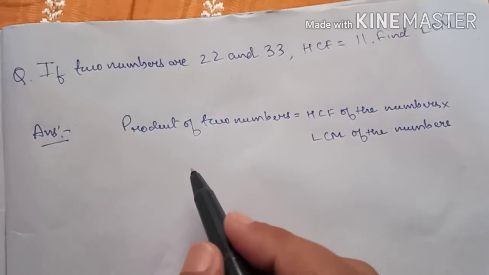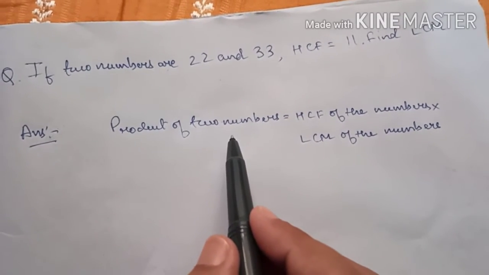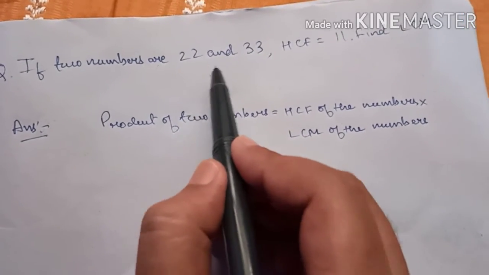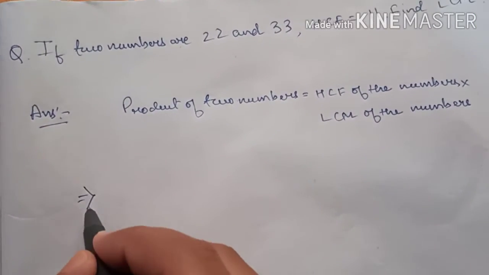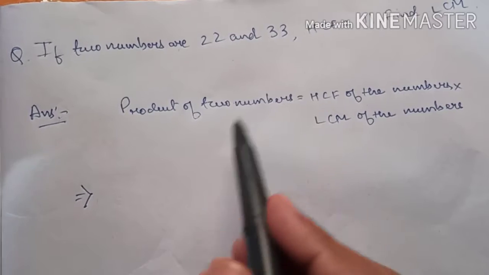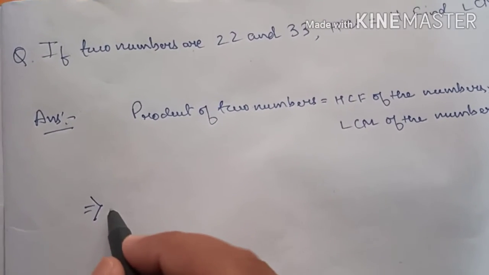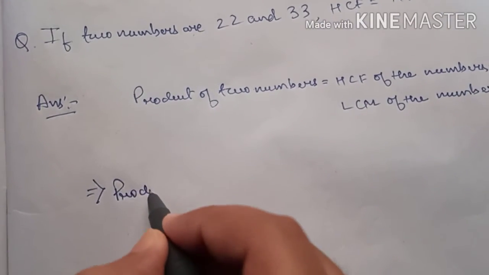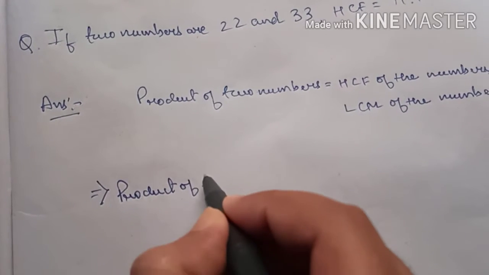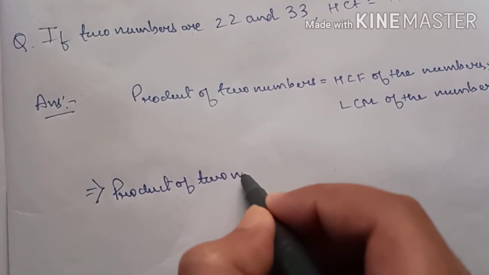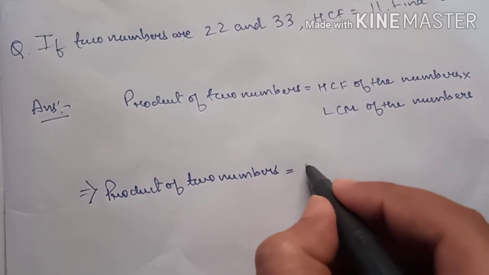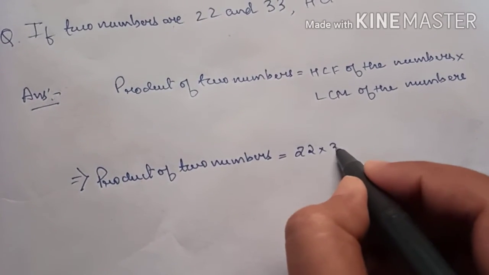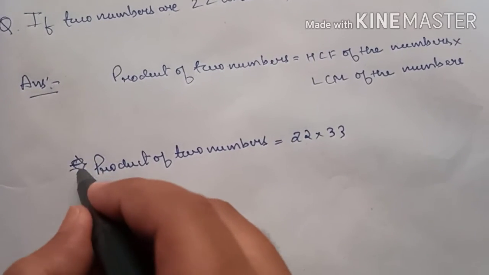So now see, product of the two numbers. Two numbers are given here, 22 and 33, so we will write as it is. First of all, product of two numbers is equal to 22 into 33.